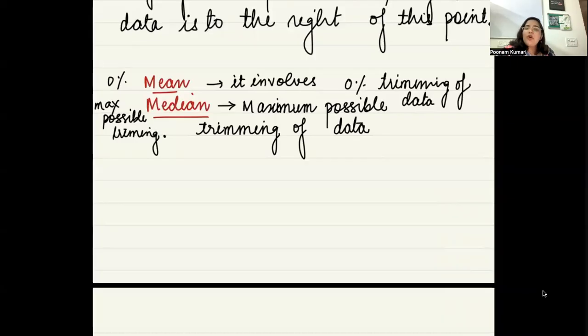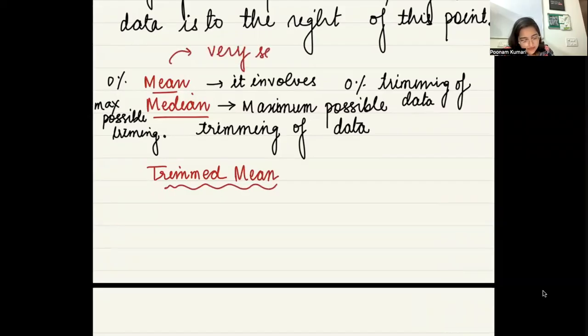So we have another concept which is called trimmed mean. It is some sort of a middle ground between these two, because mean is very sensitive to outliers, and median is very insensitive to outliers.